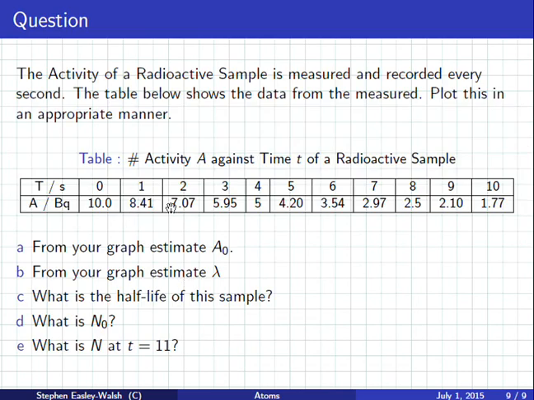Okay, now in this one it's activity. It's activity here. So I need you to write this data down, please.